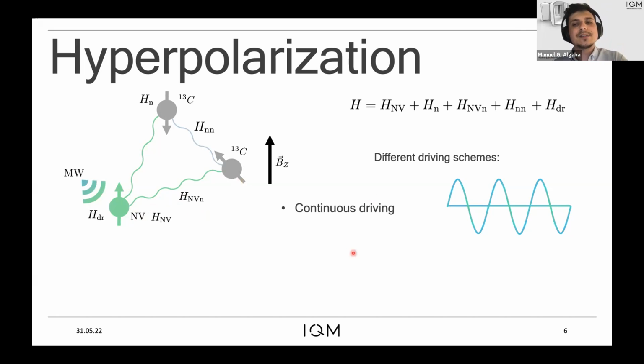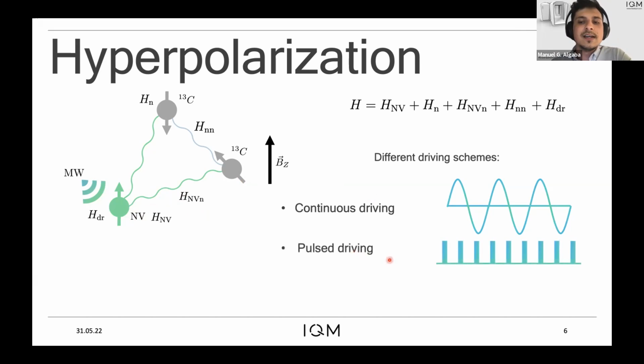But there are also other types of radiation we can send. For example, the pulse driving scheme, in which we don't send a sinusoidal radiation, but just a very sudden and strong pulse. This has some advantages since it's resilient to some kinds of noise in the NV center system.